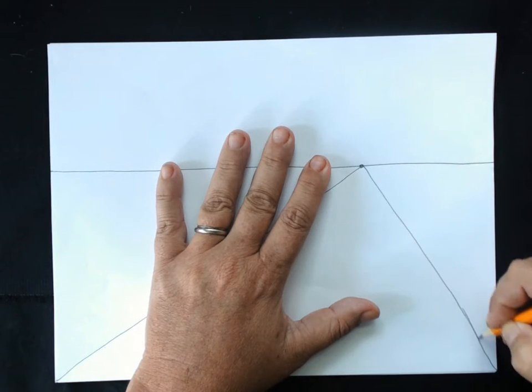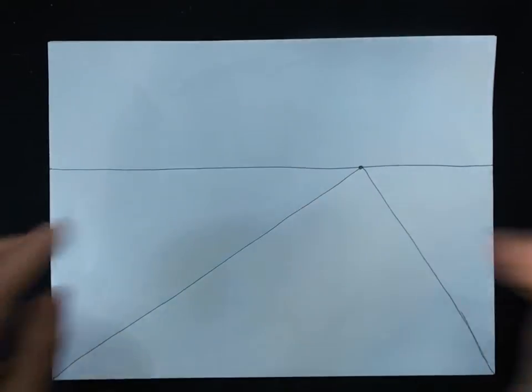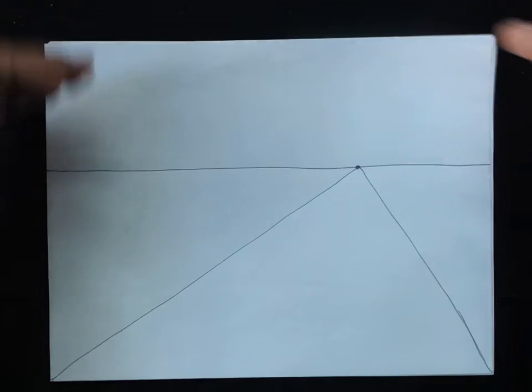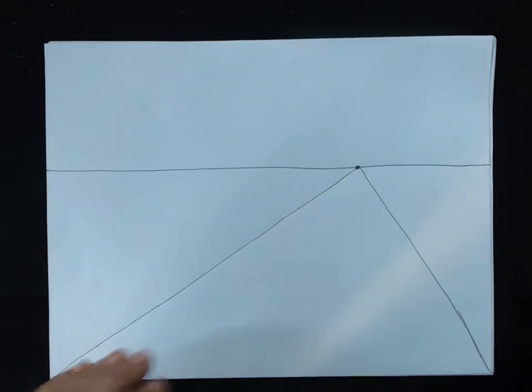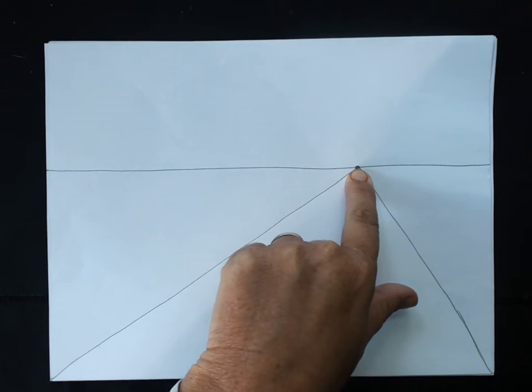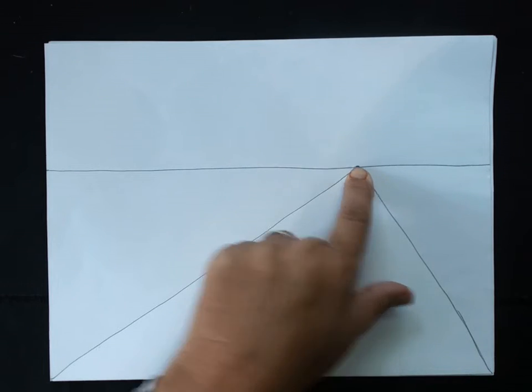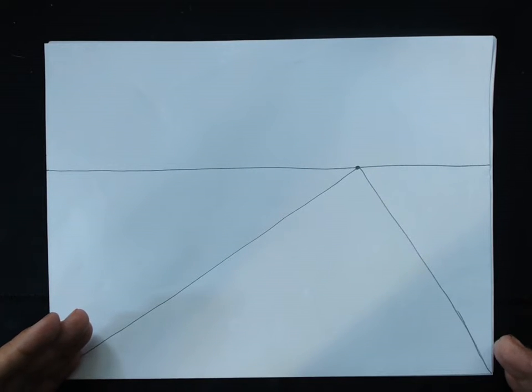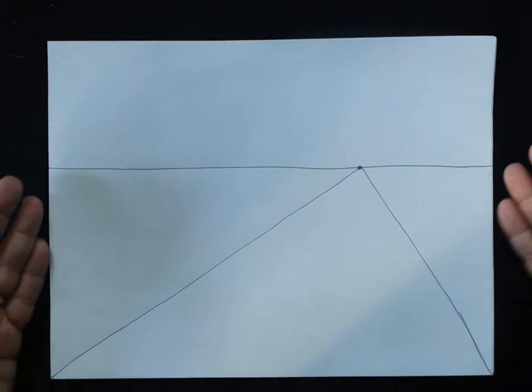Again, this is my horizon line. Everything above is the sky, everything below is the ground, and I'm going to have a vanishing point where my eye can no longer see that far away. Once you have your road or your path, you have to follow some rules of illusion or perspective.